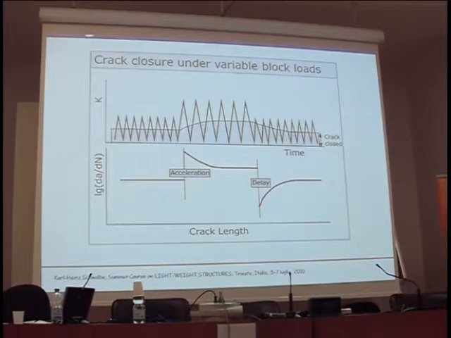Then acceleration due to the rise in the magnitude of the amplitude. Crack closure develops, and the acceleration goes down, and we reach the equilibrium condition. And the reverse effect here: when we go down, when we have a high-low block, then immediately the crack is delayed, and in the end it resumes the original equilibrium rate.